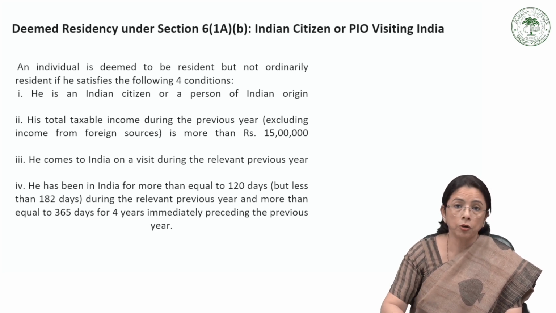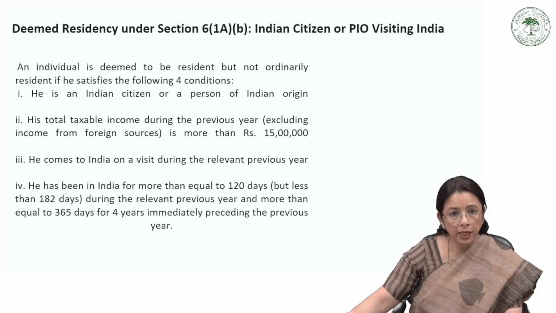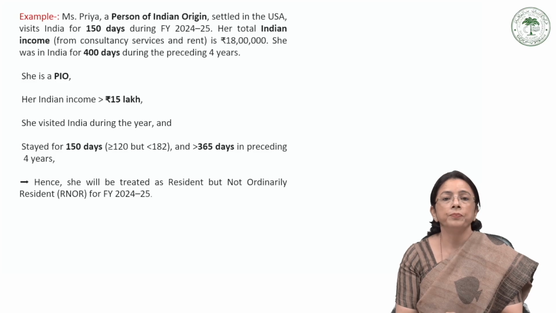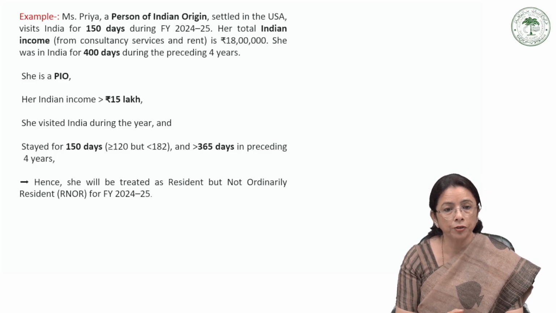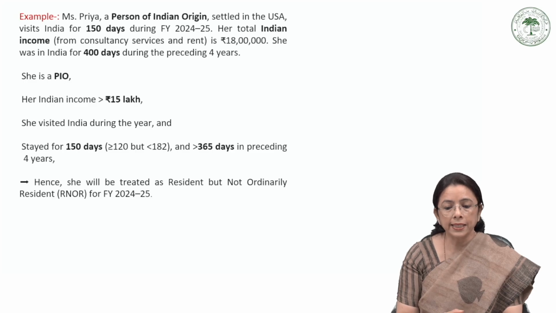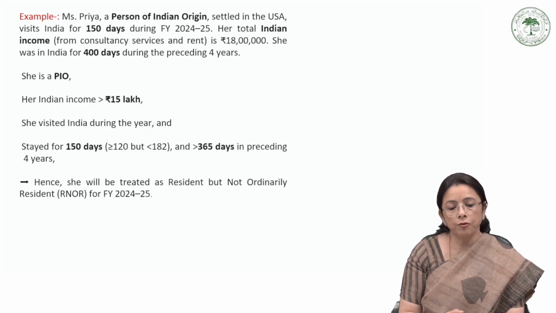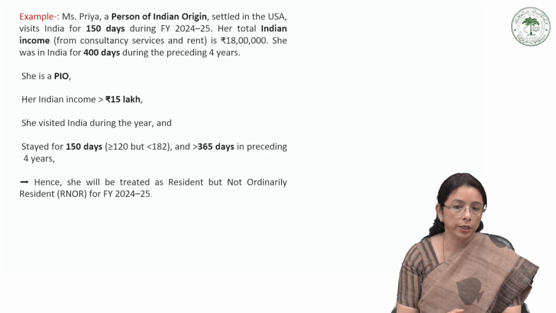So we move further, and let us understand subpara B in a bit more detail with the help of an example. Miss Priya, a person of Indian origin settled in the USA, visits India for 150 days during the financial year 2024-25.